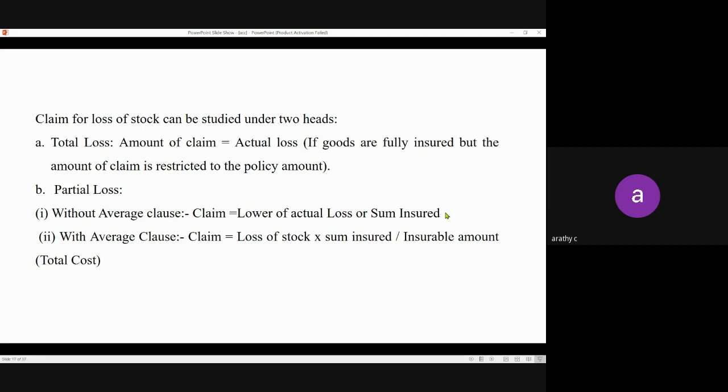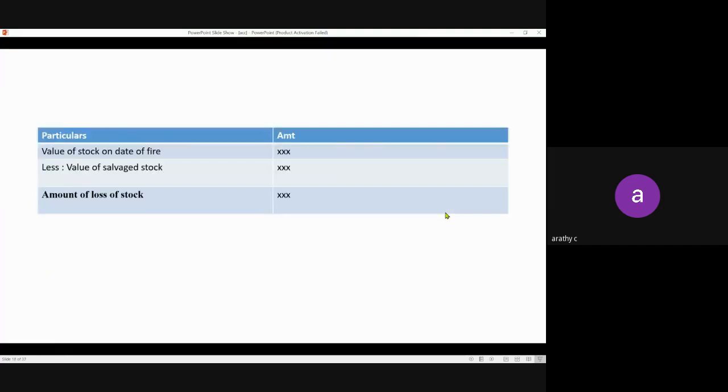The first one is total loss, and you will get the actual loss. In the case of partial loss, there are two heads: without average clause and with average clause. Without average clause, it is the lower of the two amounts, actual loss or sum insured. With average clause, the formula is loss of stock into sum insured divided by insurable amount.